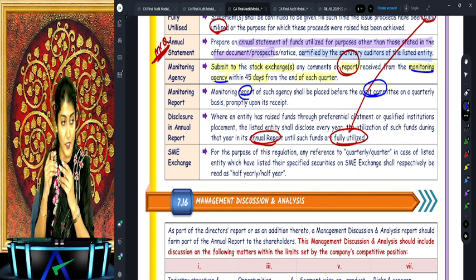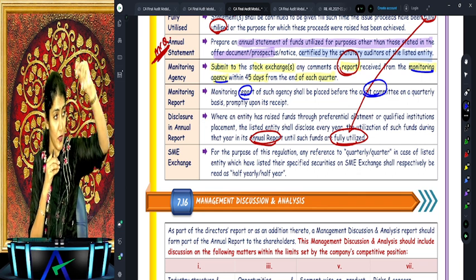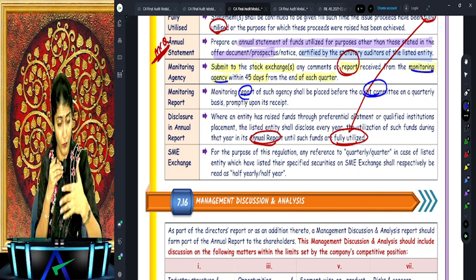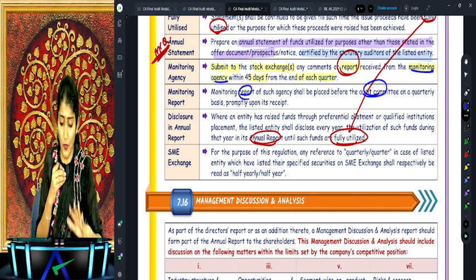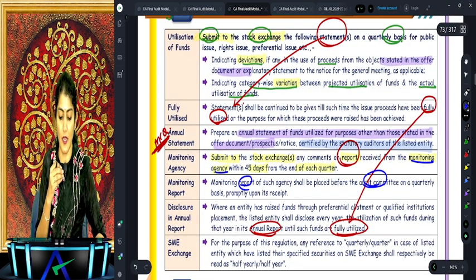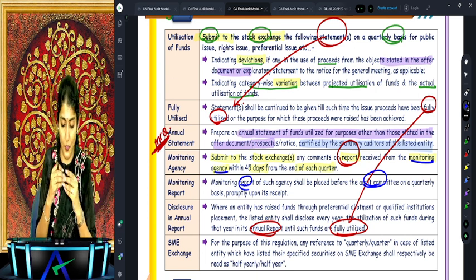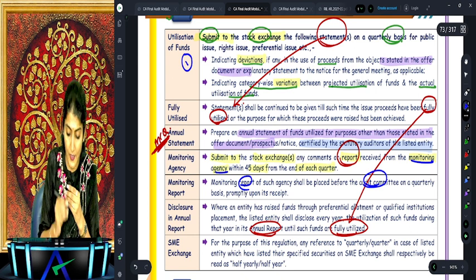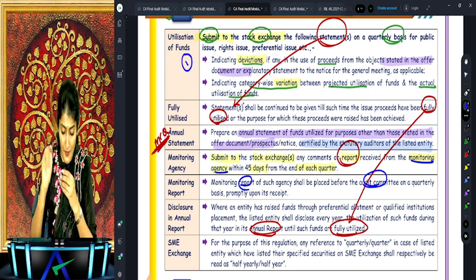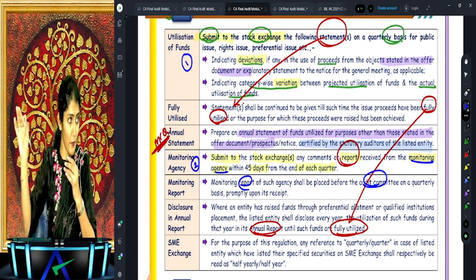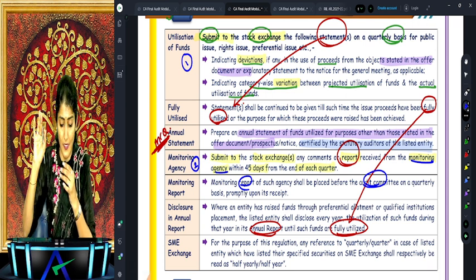So for the monitoring agency report, one, you have to submit it to the stock exchange, and second, you also need to place it before the audit committee, right? Are you able to follow that? So the first 2 points you will remember: submit to the stock exchange the statement and also submit to the stock exchange the reports received from the monitoring agency. Are you understanding these points?